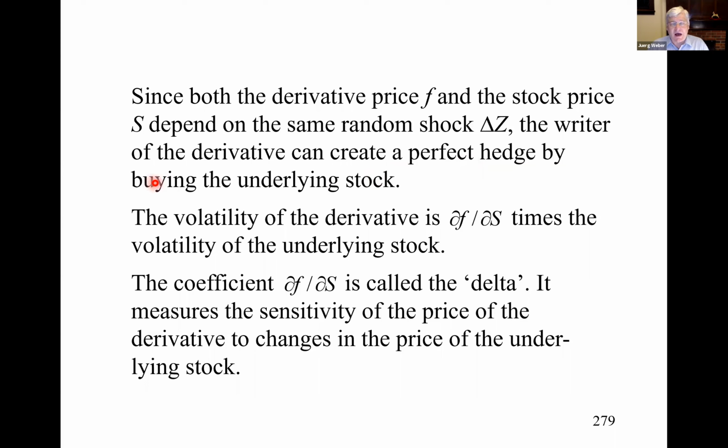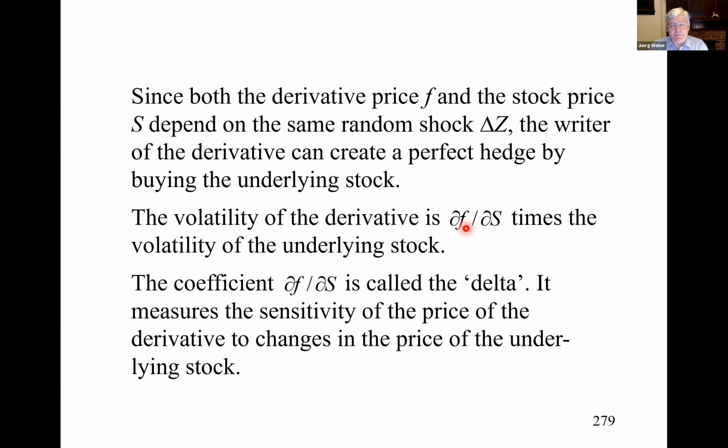The question is then, how much of the underlying stock do you have to buy? Because that position moves against the position you have in the derivative, and so the two movements cancel out. So that's what we will calculate.